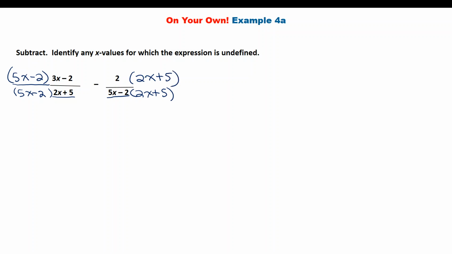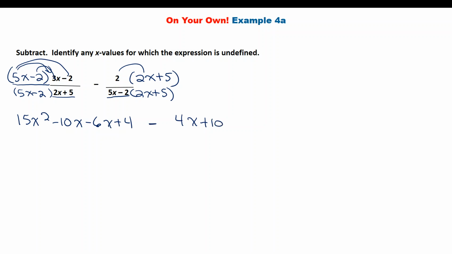Okay, next I want to just go ahead and distribute this all through. So I have 15x squared minus 10x minus 6x plus 4. On this other side, I'm going to distribute, and I'll have 4x plus 10.